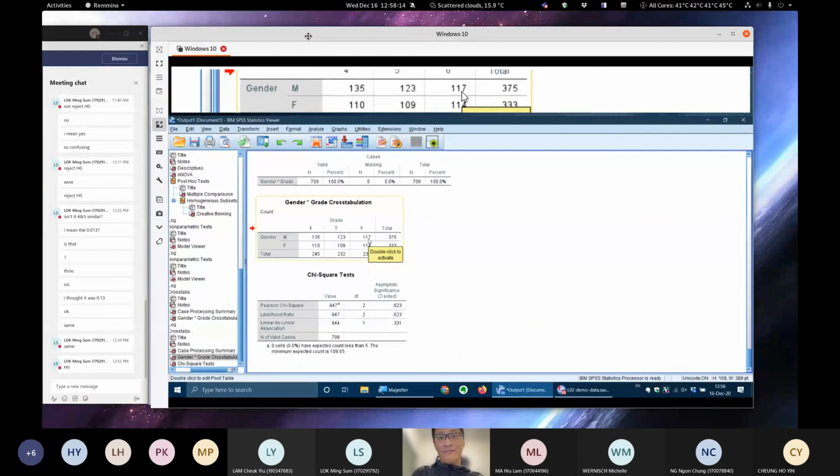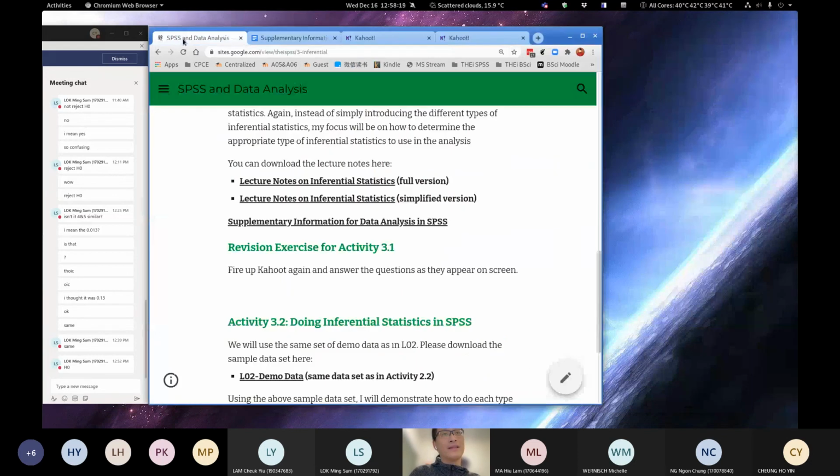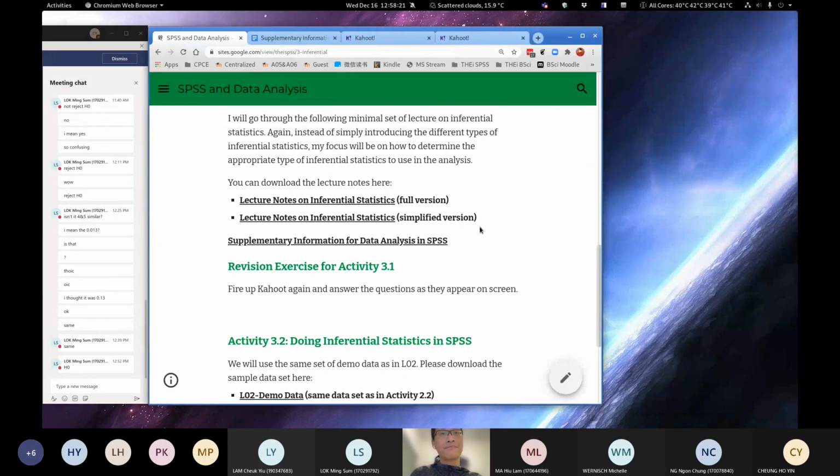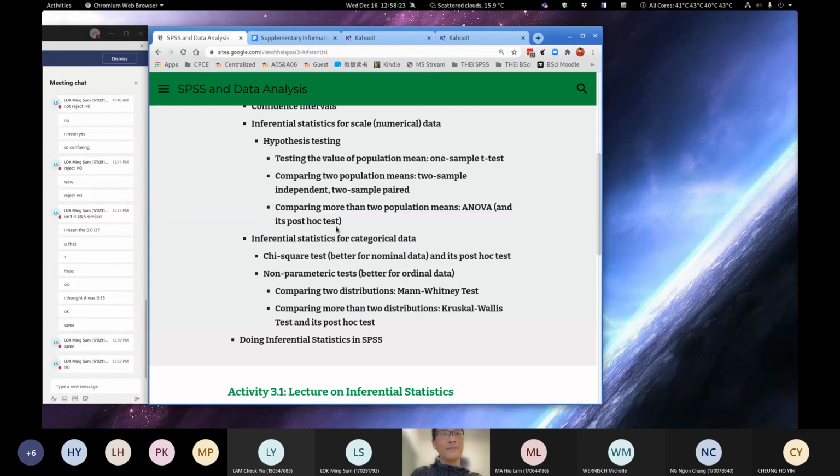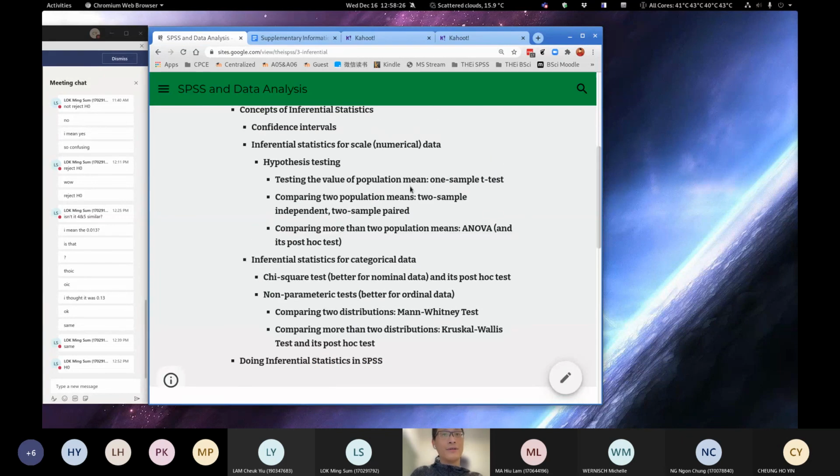So at this point, I have finished my demonstration. If you look at our website again, here is what we have gone through. I have talked about these different types of tests, including one sample t-test, 2 sample independent t-test, 2 sample paired t-test, and also ANOVA. And then I also talked about chi-square test and the non-parametric test.